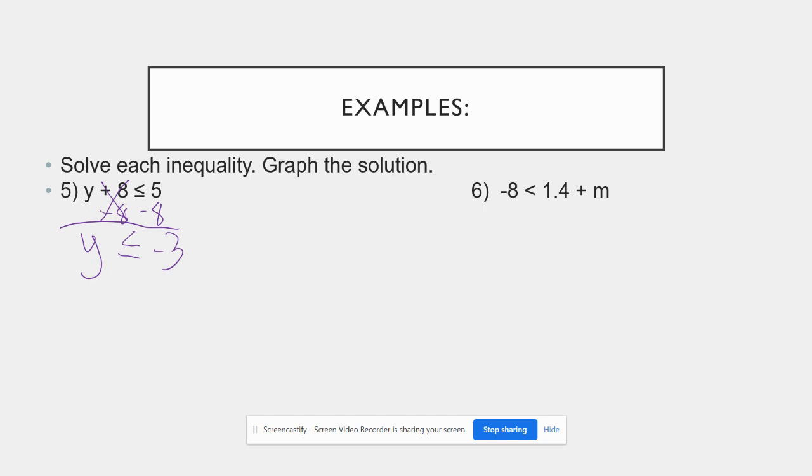So our solution is y is less than or equal to negative 3. We have a closed circle at negative 3 because our inequality is equal to, and less than means we're shading to the left, or negative infinity.